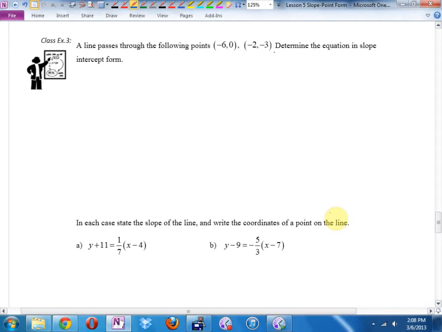A line, it says, passes through those 2 points. Find the equation in slope-intercept form. Well, I think the first thing I'll do is I'll find the slope.